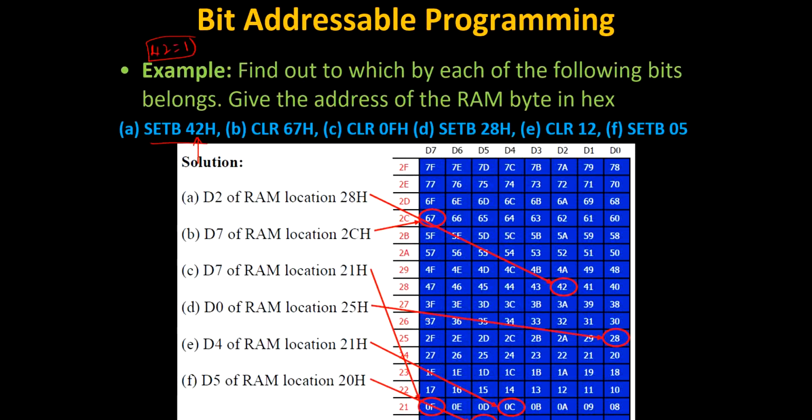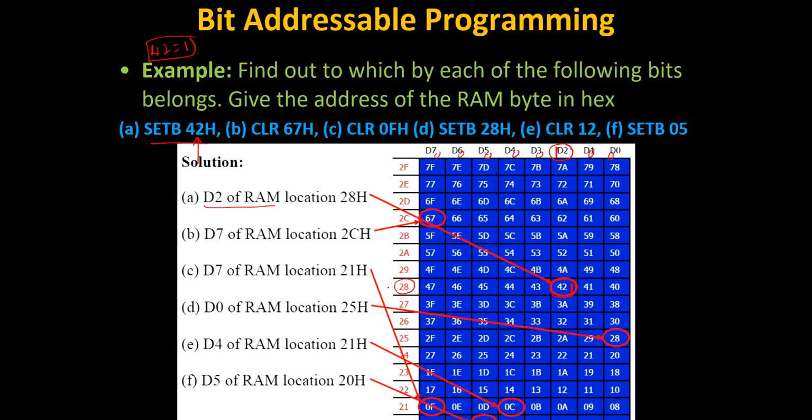So for bit 42, this bit in the RAM I need to set, so I should make it 1. That data bit is D2, in location 28, which I made 1. The others will be 0: 0 0 0 0 0, this should be 1, then 0 0.